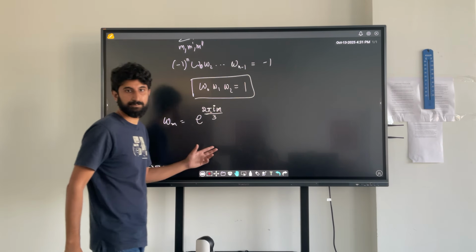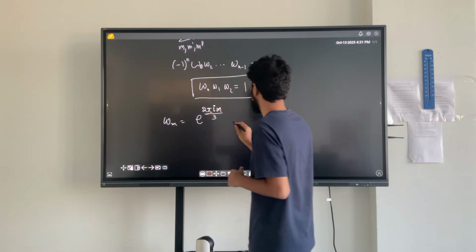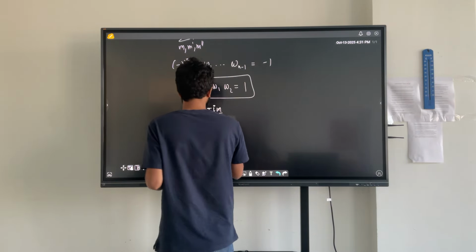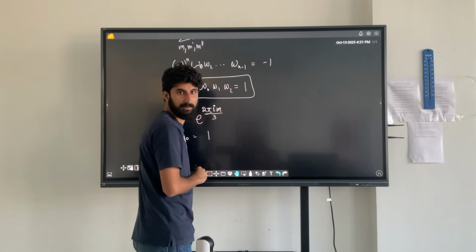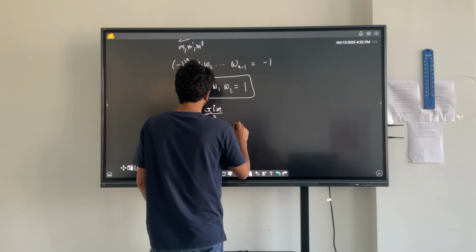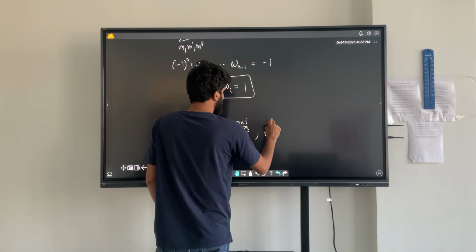So what is omega 0? 1. The cube root of 1 is obviously 1. What else? e to the power 2 pi i by 3, e to the power 4 pi i by 3.